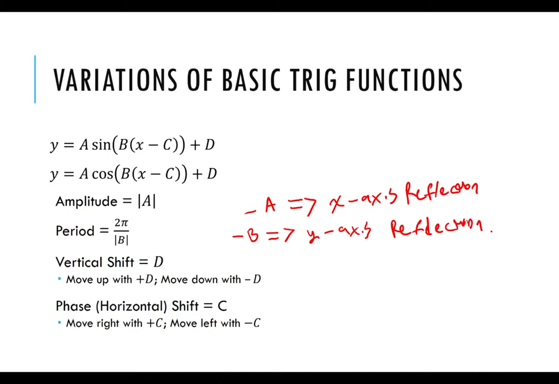Then if d occurs, that is, we take our entire function, we add or subtract a d value, then adding a value makes the whole function move up, subtracting a value makes the whole function shift down by whatever that amount is. Now, phase shift, this is a little more difficult to deal with, and we're just going to state it for now. The phase shift, or the horizontal shift, is the c value.